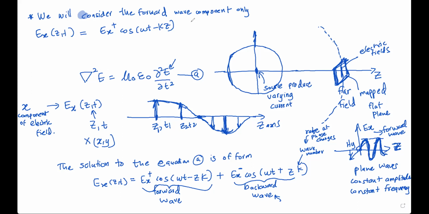We can denote this using phasor domain, using phasor notations, as the real part of the phasor representation of this component, which can be represented like Ex plus e to the plus j omega minus kz.